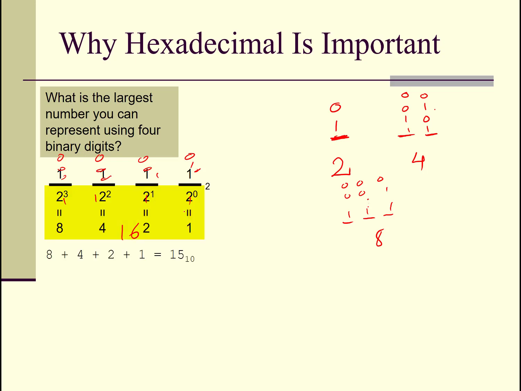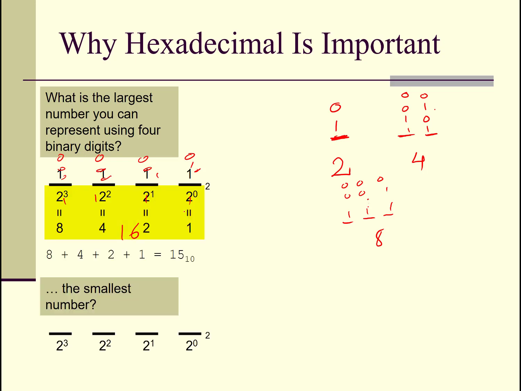Okay, so from here, you will find that as long as you are adding extra digits, you can represent larger numbers, right? So for example, let's say that in Iowa we have 99 cities, okay, and we want to represent each city with a binary code.